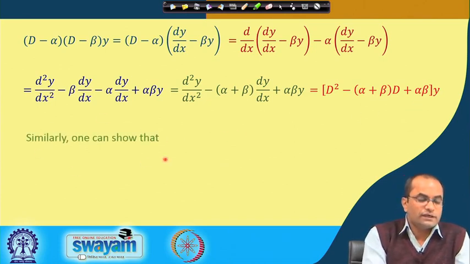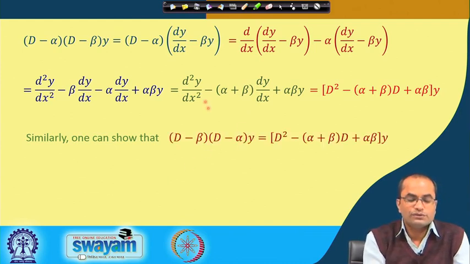Similarly, one can also show that when we operate D minus alpha first and then D minus beta, the same thing will happen, and we will end up with the same expression whether we operate first D minus alpha or D minus beta.